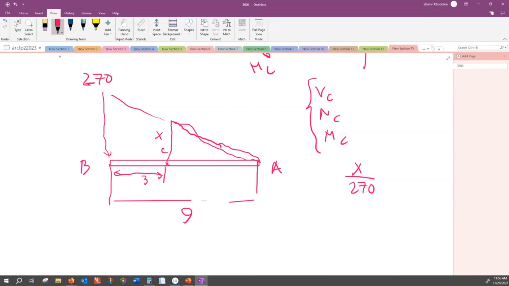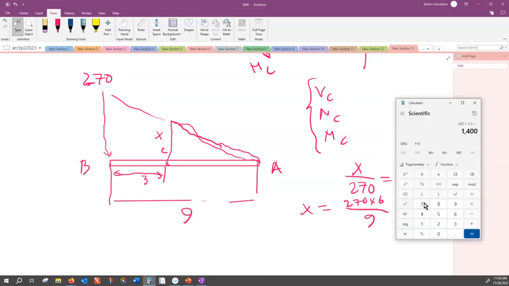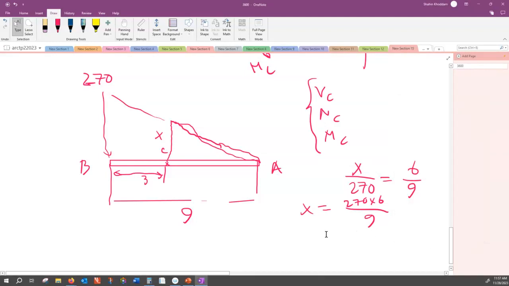For little, that is 3 taken away from 9, which is 6, divided by large, which is 9. So X is equal to 270 times 6 divided by 9. That is 180.